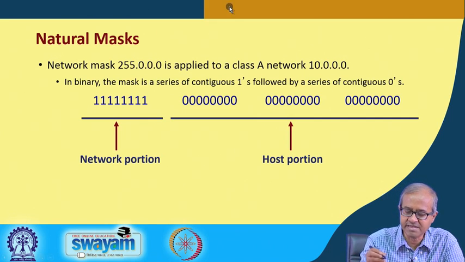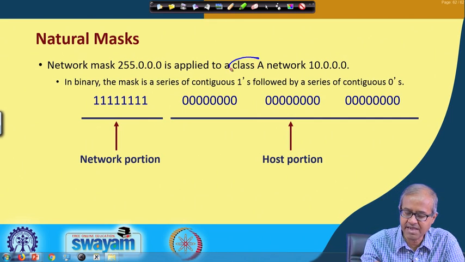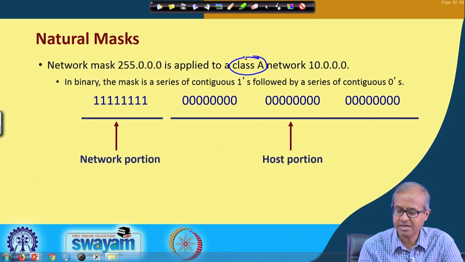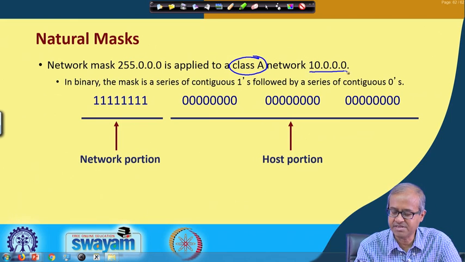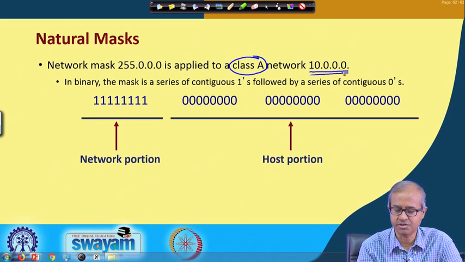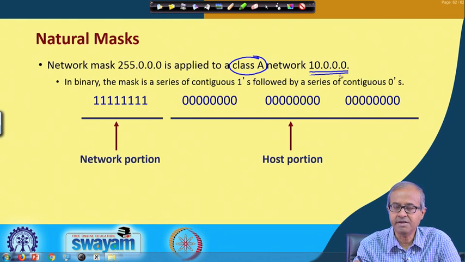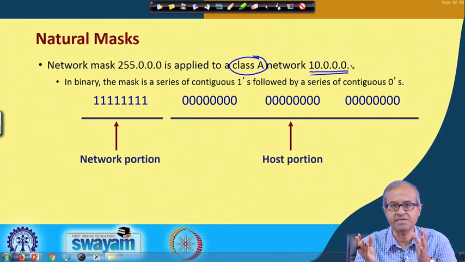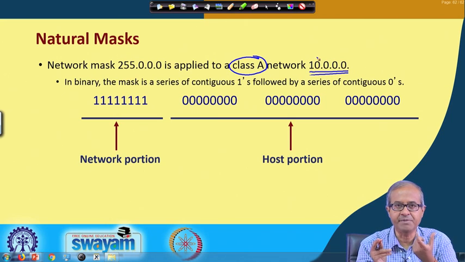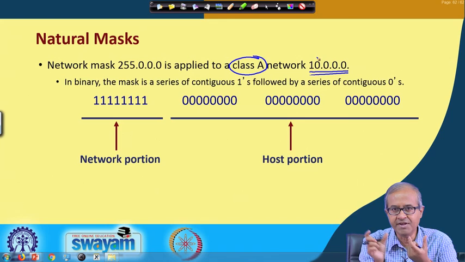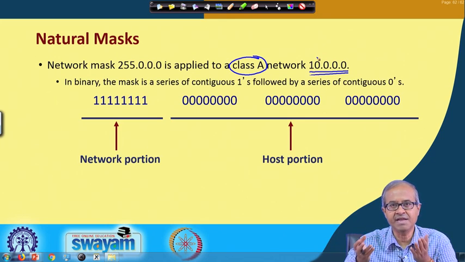Well, we take the example of a class A network. Let us say the network address is 10.0.0.0. Well, you see conceptually what it means. The first 8 bits indicates the network number, the remaining 24 bits indicates the host.